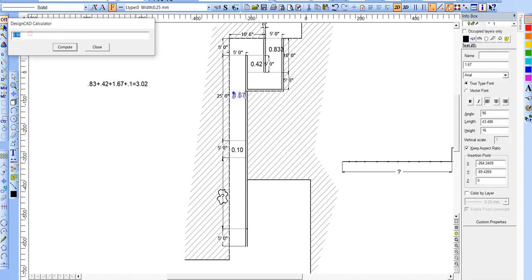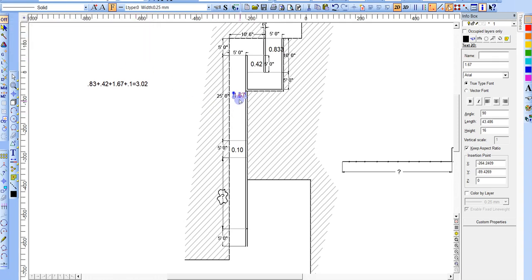So 20 times 0.083333. Enter. 1.67. Oh, it's 25. Two point one. Control C. That's funny.